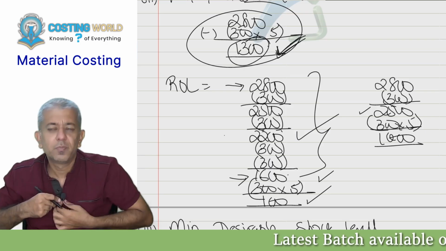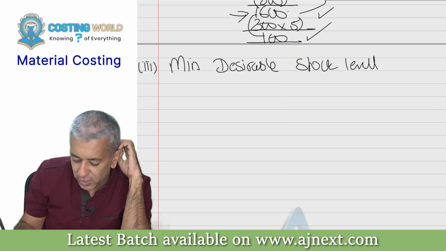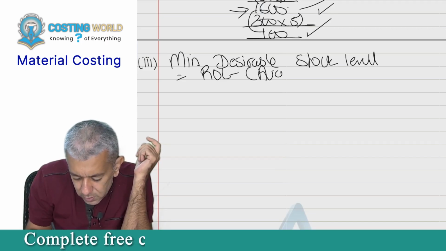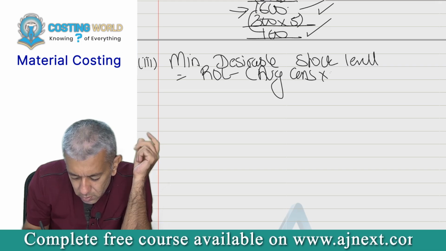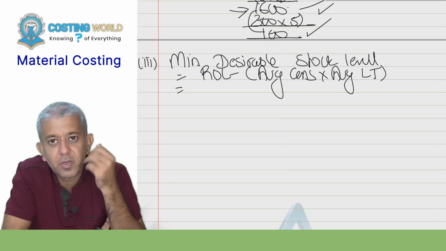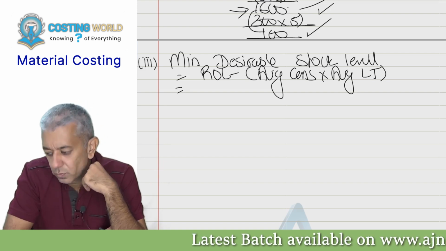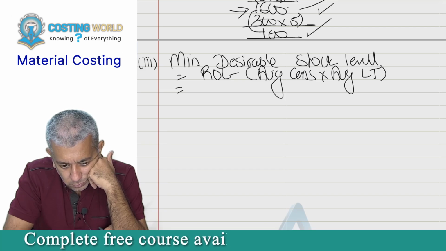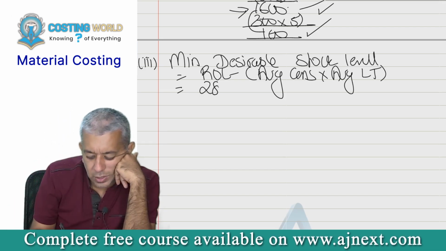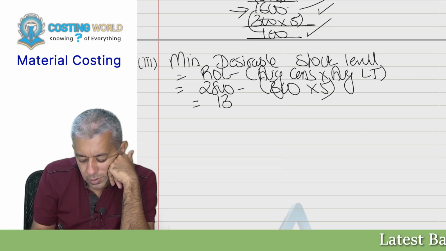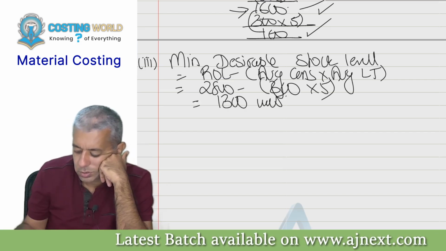ROL minus average consumption into average lead time. So please write: ROL minus average consumption into average lead time. So 2800 minus 300 into 5, 1300 units.